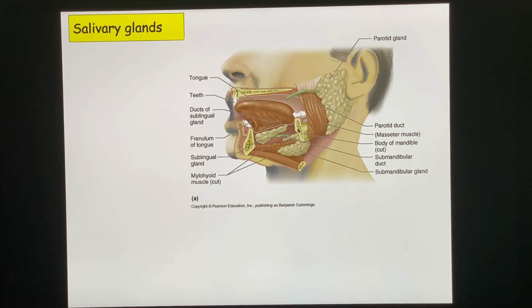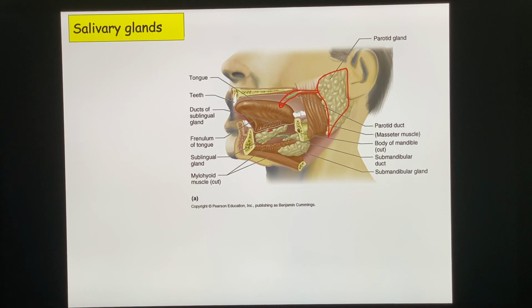Here you get to see the parotid gland, one of the major salivary glands. Here is the duct of the salivary gland, and we discussed in the previous session where it opens into the vestibule, and I told you exactly where in the vestibule it opens. And then here is the tongue.